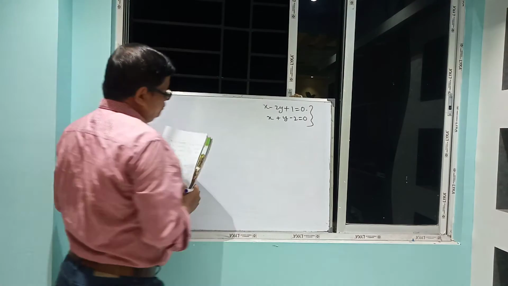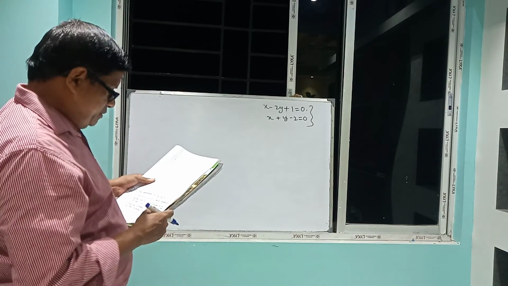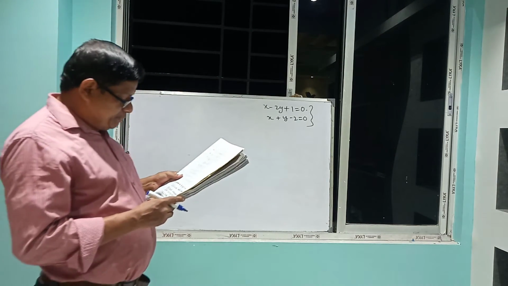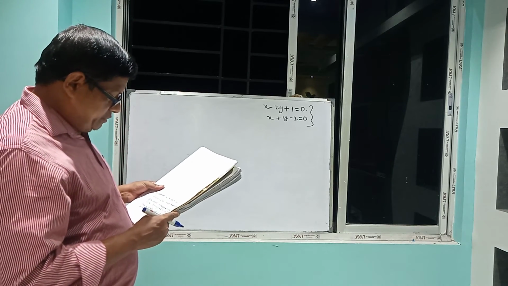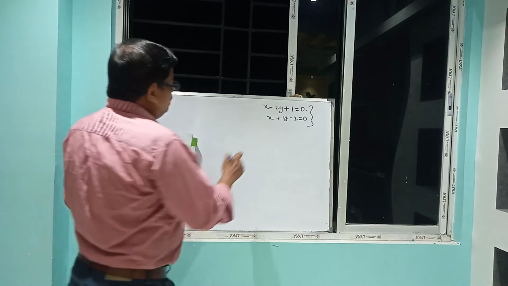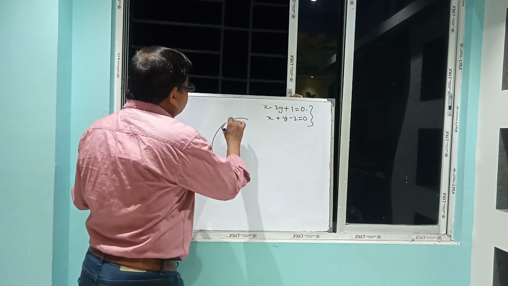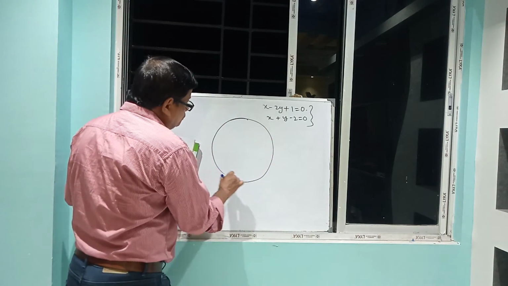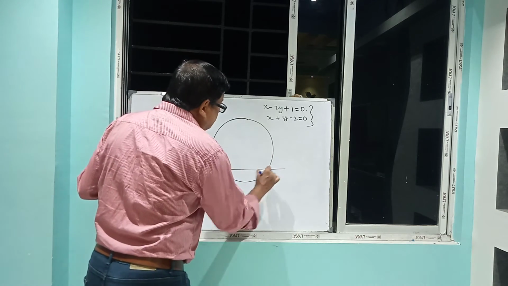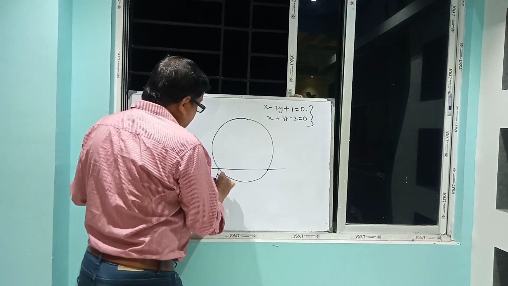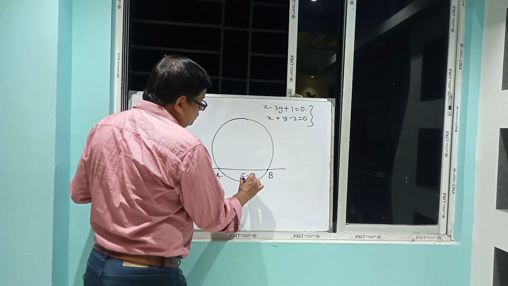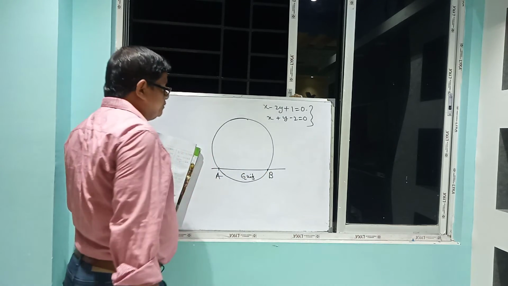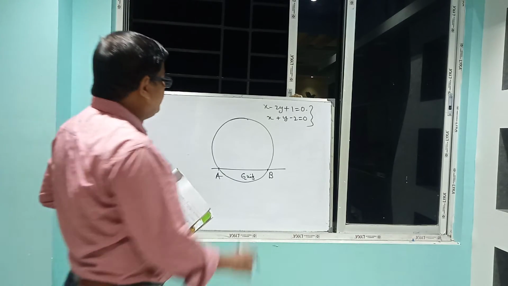Diameters are given. And the length of the chord intersected by the straight line is 6 units. Suppose the circle is there. The length of the chord AB is 6 units. It is given.